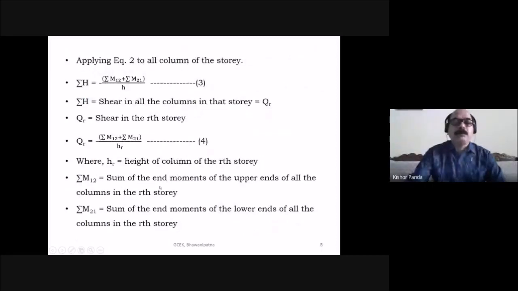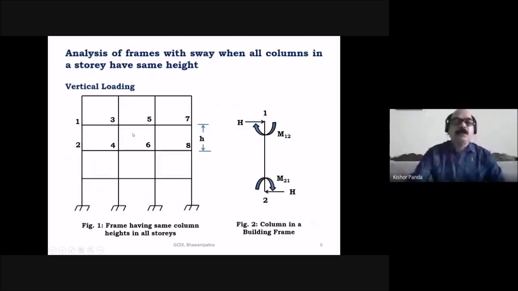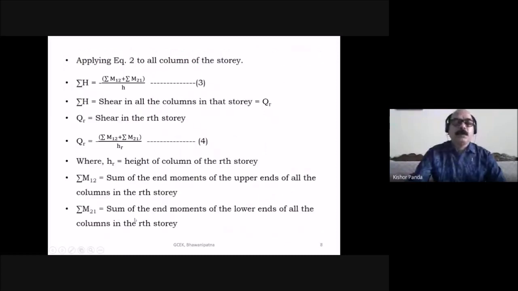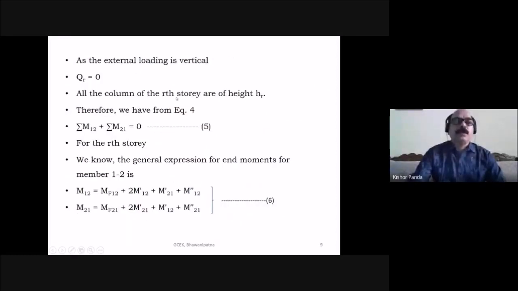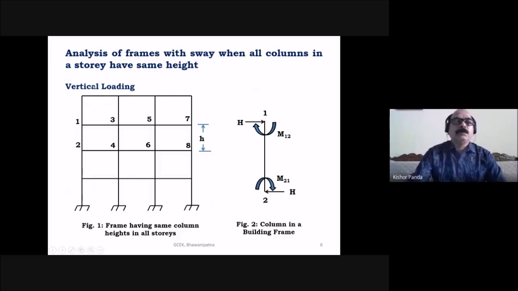The summation of M12 is the sum of the upper end moments of all the columns of the rth story, and the summation of M21 is the sum of the lower end moments of all the columns of the rth story. Here the load is acting vertical, and in this frame they are acting as vertical loading.